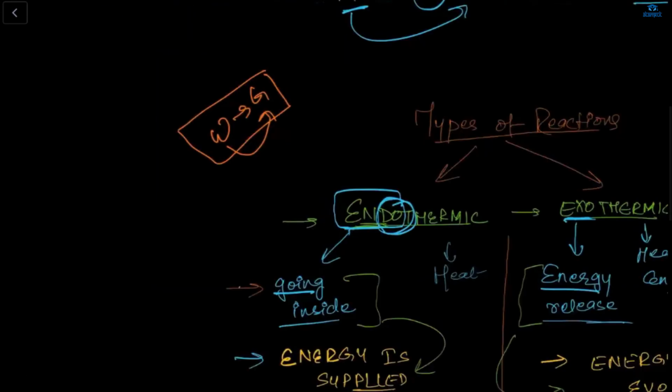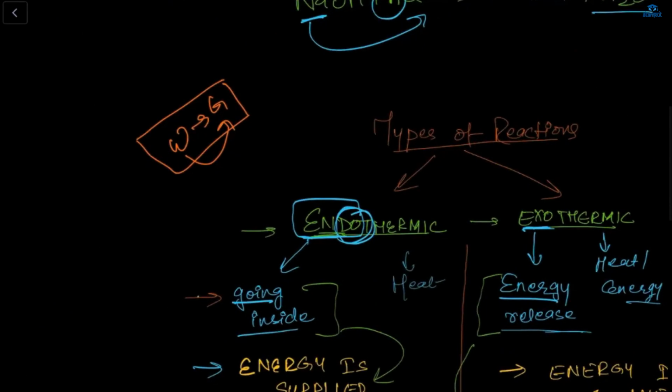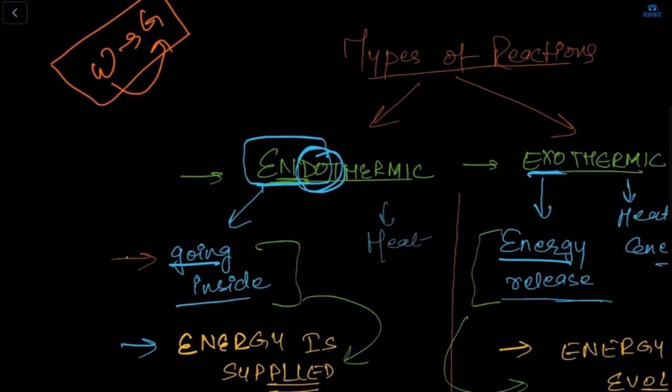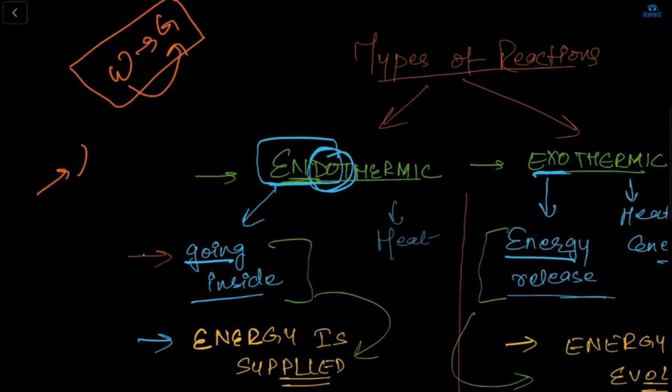Okay. So, why is this reaction an endothermic reaction? Because the endothermic definition is that energy is supplied. It means the energy is getting supplied from the sun to your silver chloride, then only it has that much capacity to change its color from white to gray.